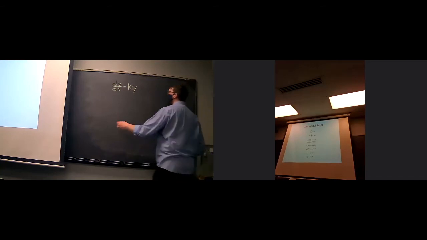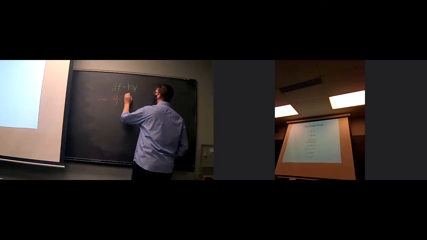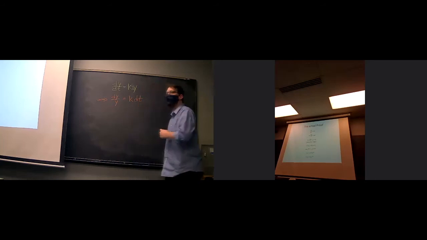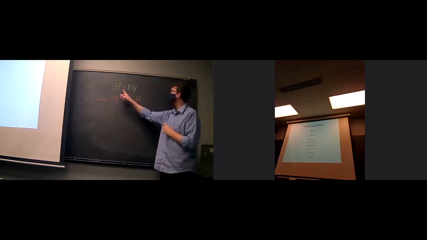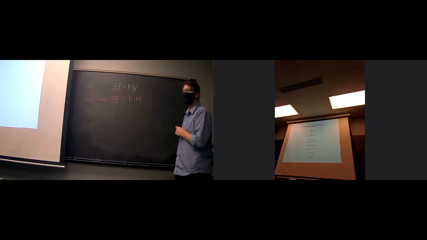If that's the case, then this tells us that dy divided by y is equal to k dt. All I've done here is I've divided y from both sides and multiplied both sides by dt.